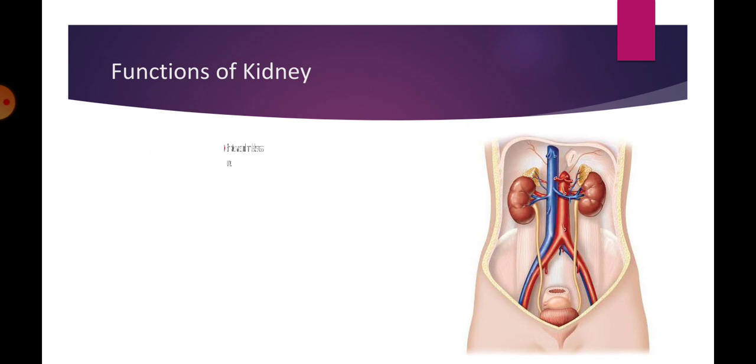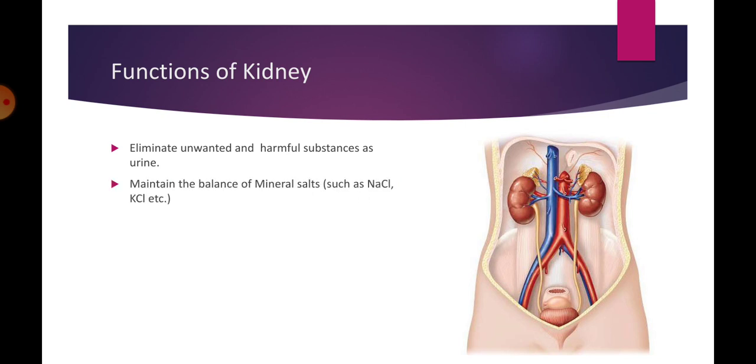So in summary, we can say the functions of the kidney include the elimination of unwanted and harmful substances as urine, and it maintains the balance of mineral salts by reabsorption. As we know, the concentration of salts inside the blood determines the blood pressure, so it can control the blood pressure.